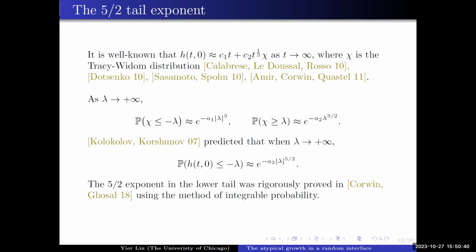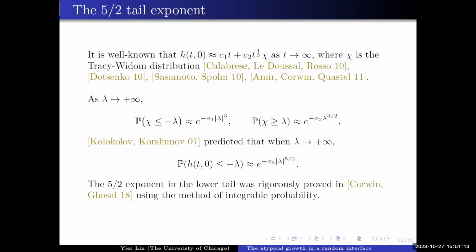Unlike the Gaussian random variable, the Tracy-Widom distribution has asymmetric tail behavior. When you look at the lower tail, which means this function is extremely small, you will see a cubic tail decay. While when you look at the upper tail, you will see a 3/2 tail exponent. This was first predicted in the work of Kolokolov and Korshunov in 2007.